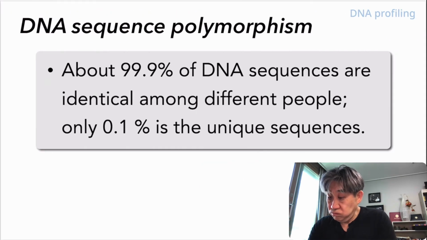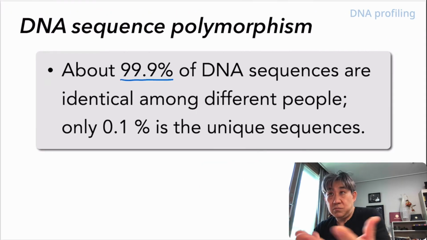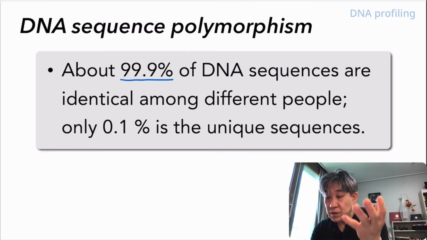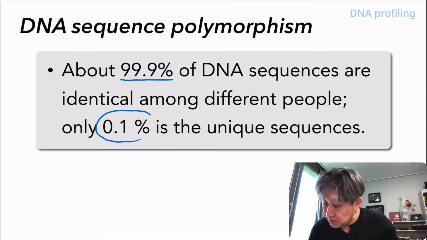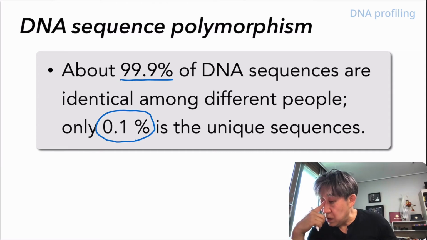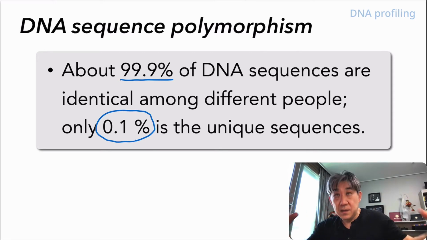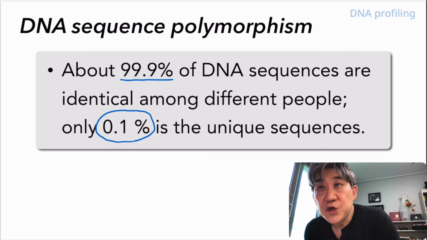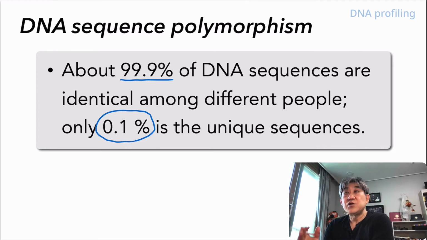Actually, about 99.9% of DNA sequences are identical among different people. However, what matters is the very small 0.1%, which is the unique sequences, and this 0.1% still takes up a huge number in its sheer size.